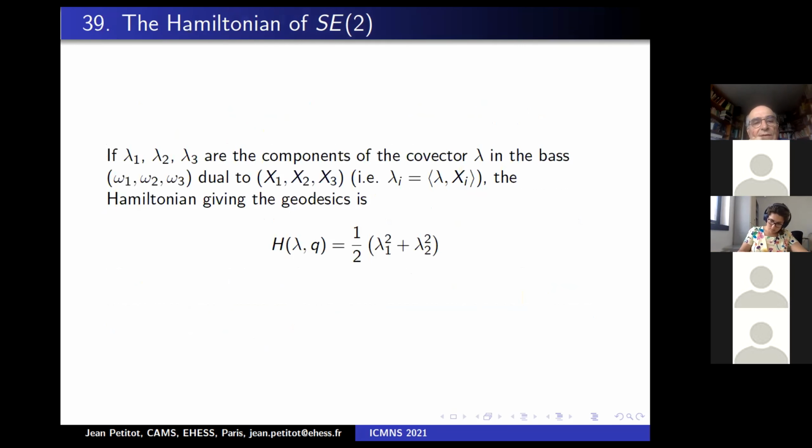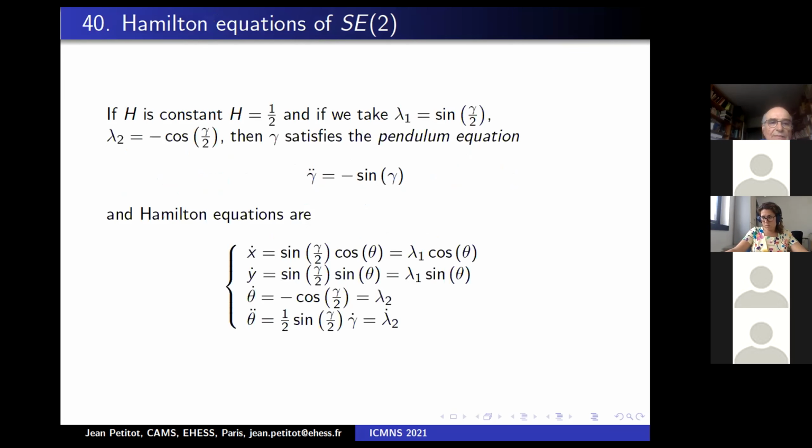If the lambda i are the components of the covector lambda in the basis omega i dual to the basis xi, the Hamiltonian giving the geodesics is half the sum of the squares of lambda 1 and lambda 2. And if h is constant, and if we make the change of variable lambda 1 equals sine of half gamma and lambda 2 equals cosine of half gamma, then gamma satisfies the pendulum equation.